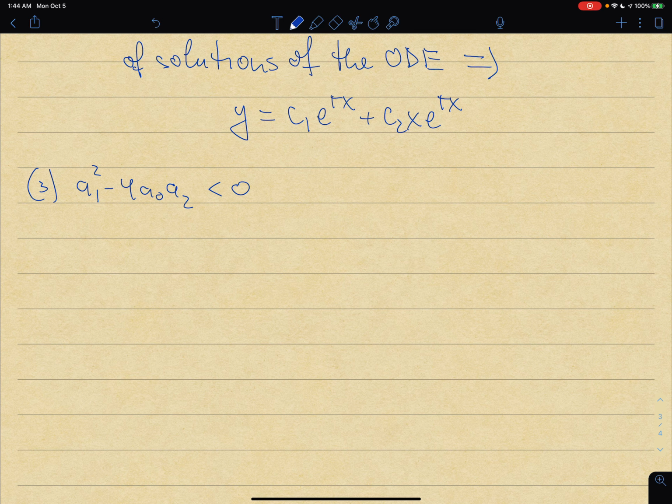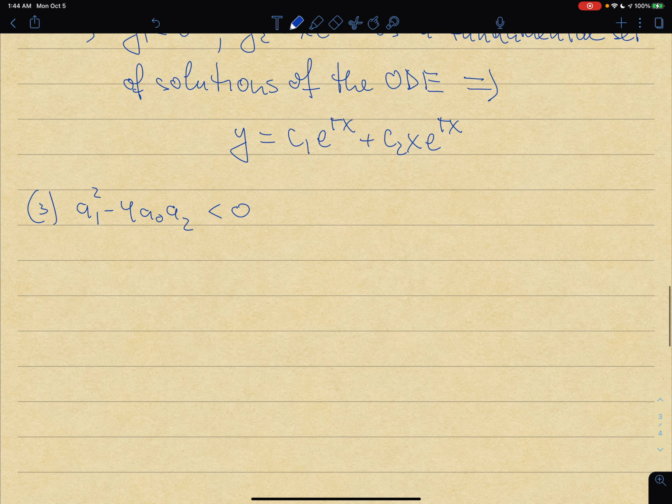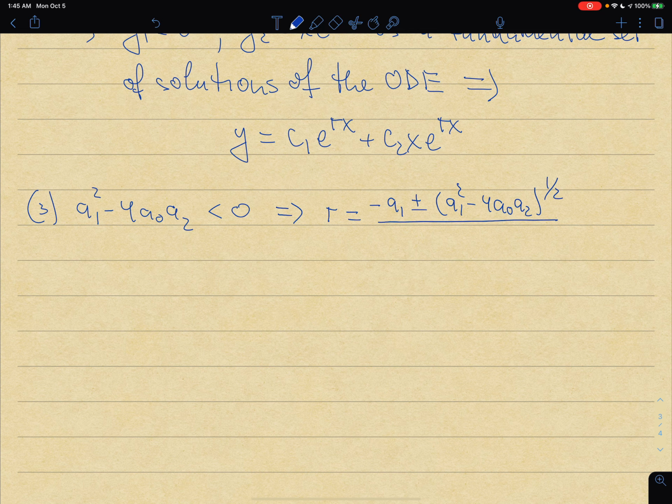Okay, let's see what happens in this case. So therefore, in this case, remember, our two solutions, r1 and r2, are equal to minus a1 plus or minus the square root of a1 squared minus 4 a0 a2, to the power 1/2, divided by 2a2 in the denominator.